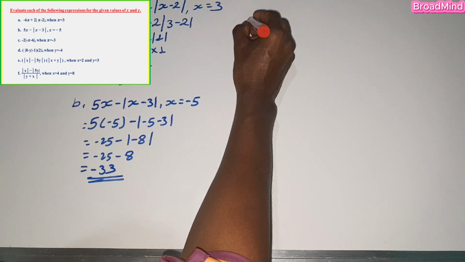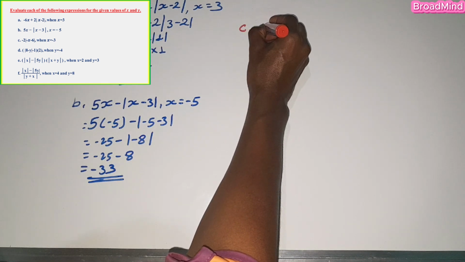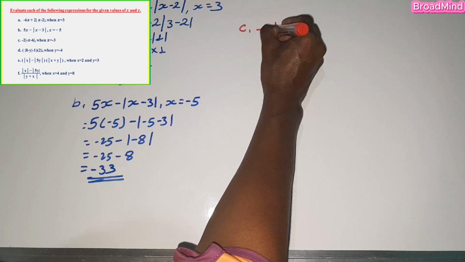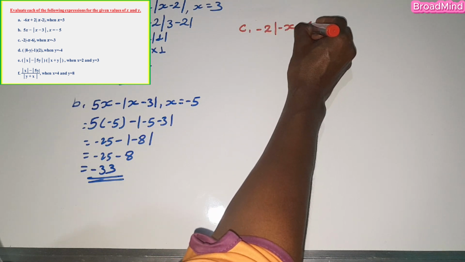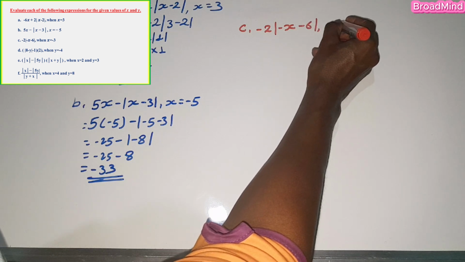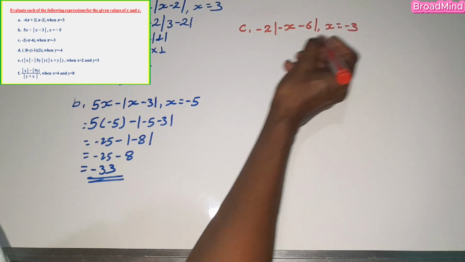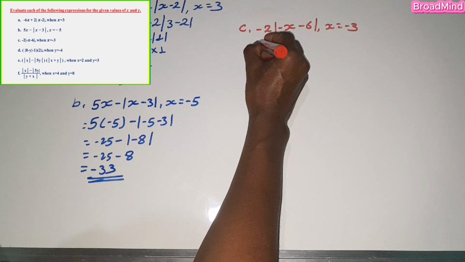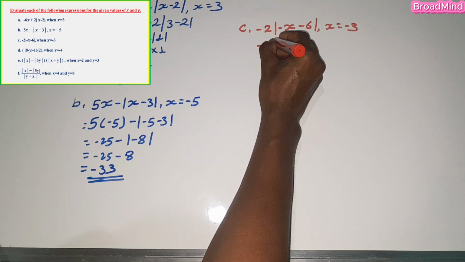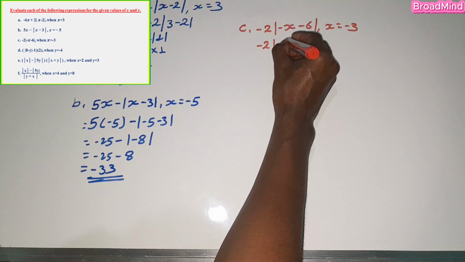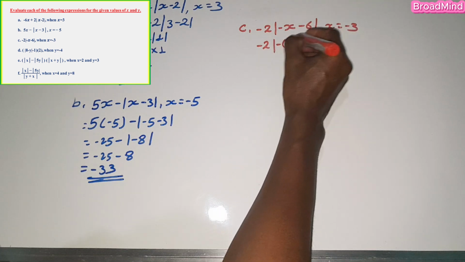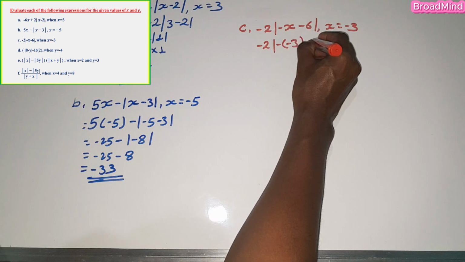Now C. Negative 2 absolute value of negative x, minus 6, when x is equal to negative 3. Then negative 2 absolute value of negative, instead of x, negative 3, minus 6.